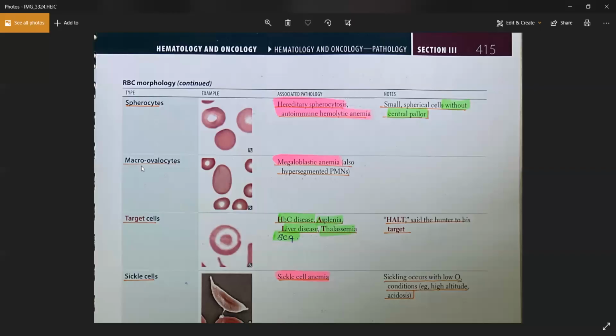Now comes the macro-ovalocytes. These are the macrocytes which are seen only in case of megaloblastic anemia. And you always have the hypersegmented polymorphonuclear cells, or I can say the hypersegmented neutrophils also. So whenever you look at the PBS in which you have these macro-ovalocytes, the oval-shaped cells, as well as the hypersegmented neutrophils, you will always think about megaloblastic anemia.